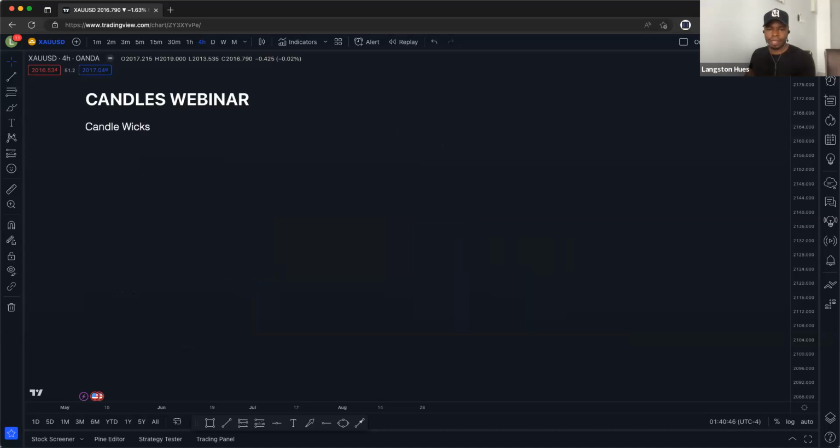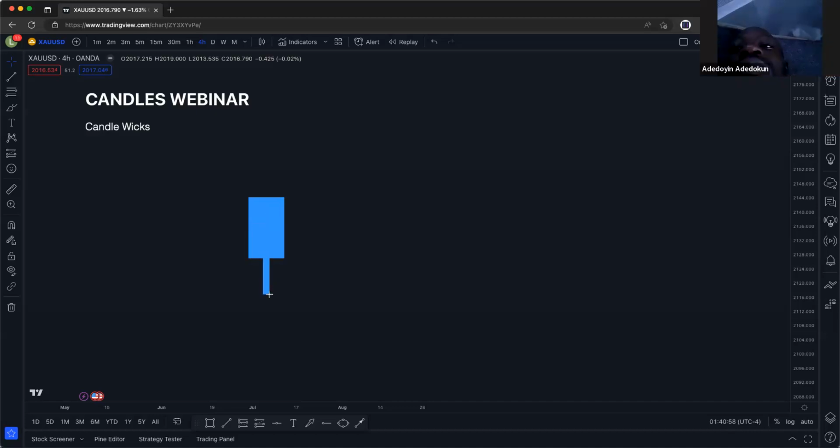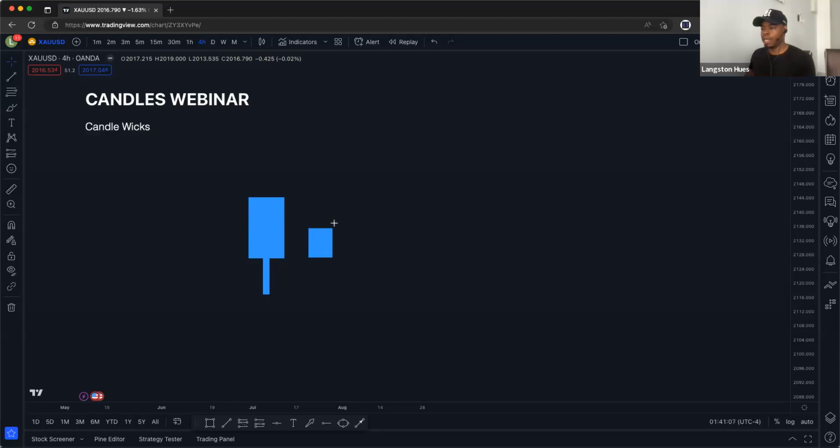So when we have a candle, let's say it's a bullish candle. Let's say it opened up like this, created a bottom wick when it opened, and it closed with no top wick. And likewise, we had a bullish candle that went up, has a top wick, but has no bottom wick, right?